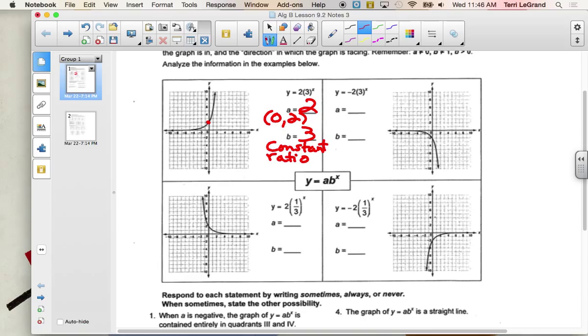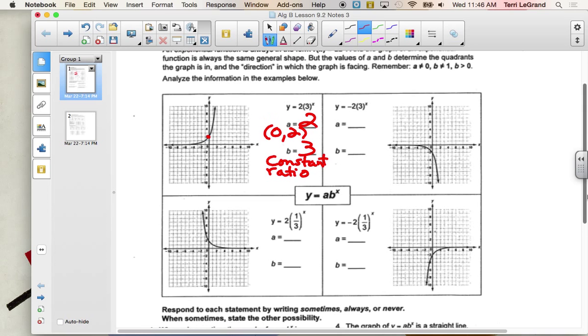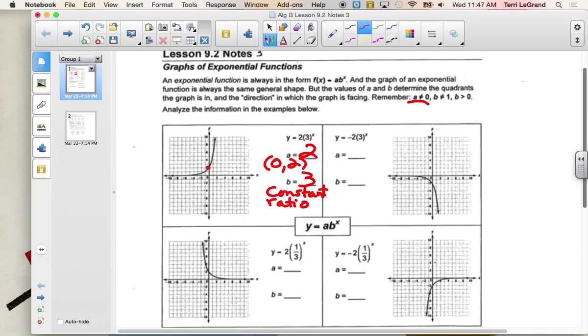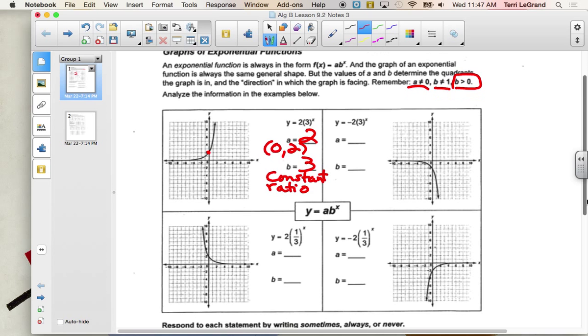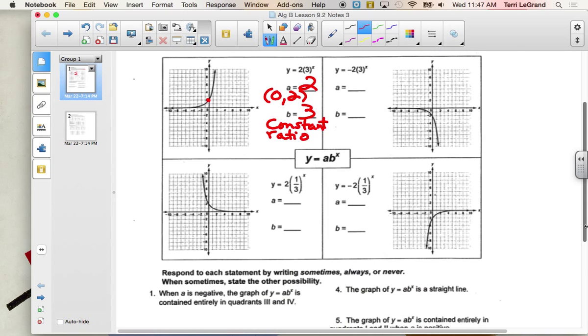A cannot be 0, because we multiplied by 0. Let's remind ourselves of that up here. Oh, it's there for us. A cannot equal 0. B does not equal 1, it says. And B is greater than 0, or in other words, it's positive. So there's all of the things that we talked about already before.